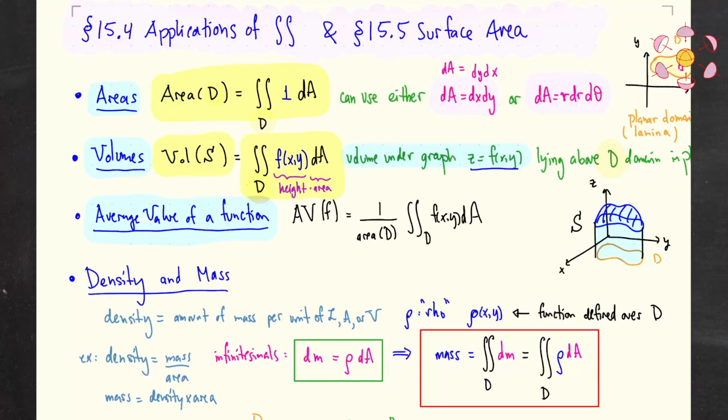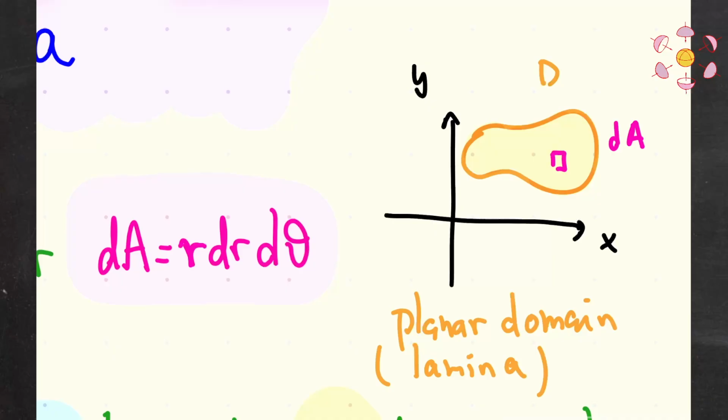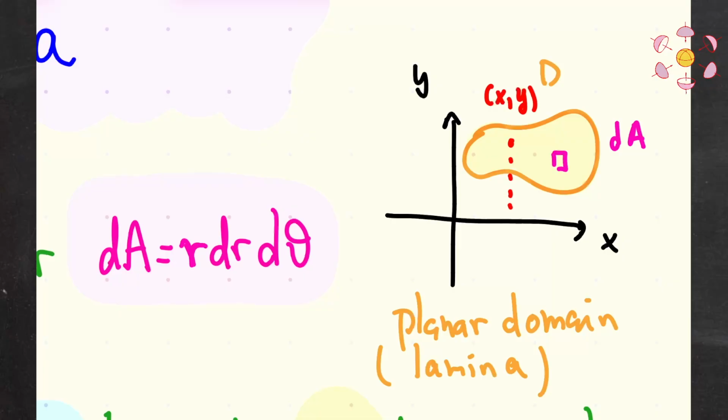For example, if you've got some sort of planar lamina with different temperatures all over the place, where f is measuring the temperature at every point x, y, in this case it might be more appropriate to look at this little piece here, where at every point x, y, you've got some sort of temperature.